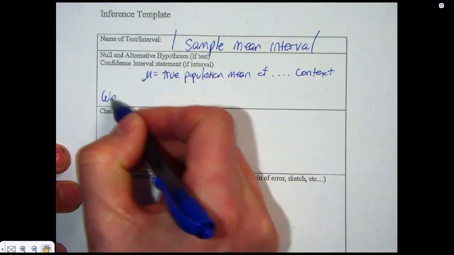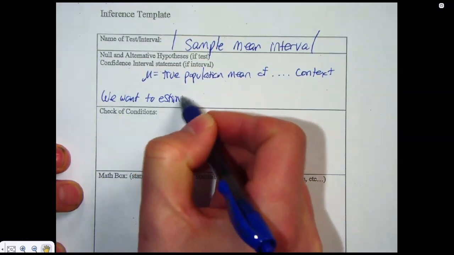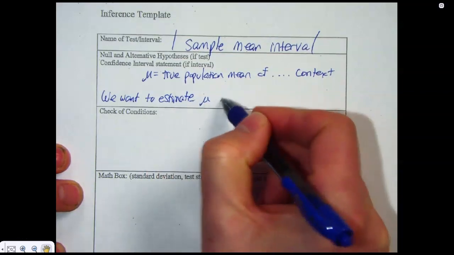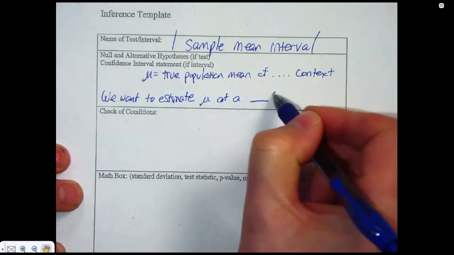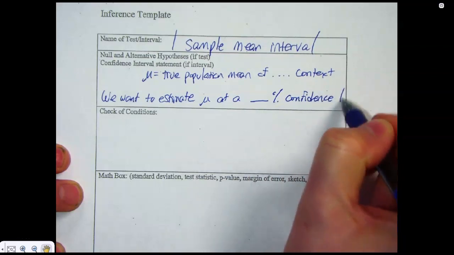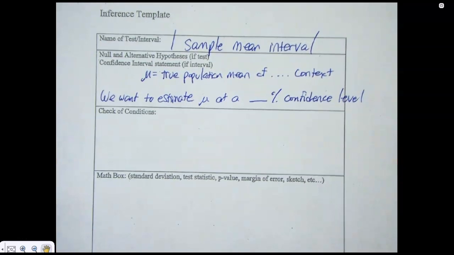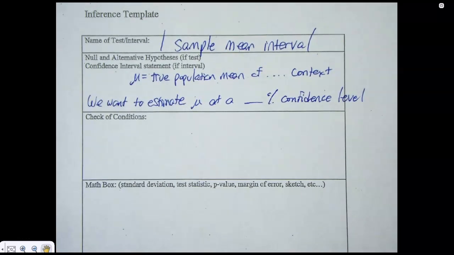So we would say we want to estimate mu at a blank percent confidence level. So the conditions are a little bit different, kind of the same, kind of different.